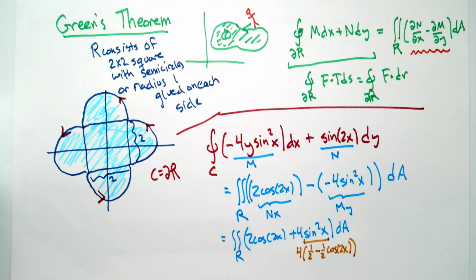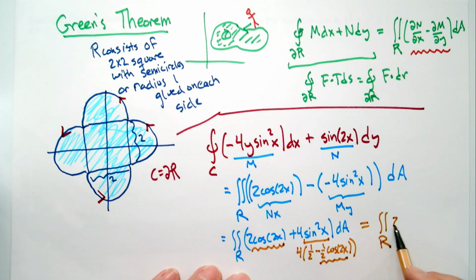Yes? It's a true story. Okay, that's power reduction. Well, notice what you have here. This first piece is positive 2 cosine 2x. When you distribute the 4 through, what do you get? Negative 2 cosine 2x.